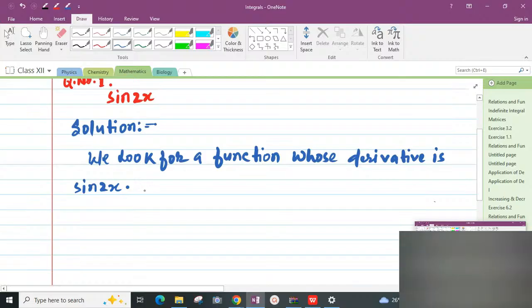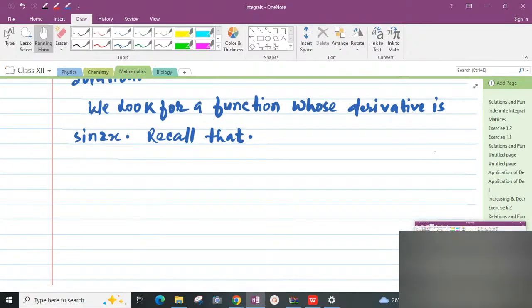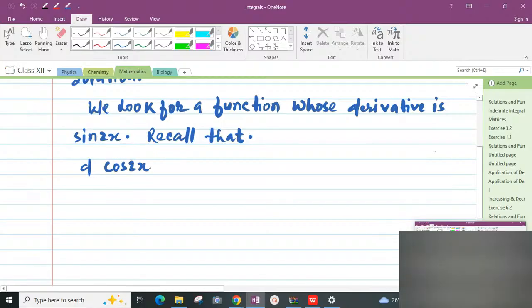So we recall that d/dx of cos 2x equals minus 2 sine 2x.